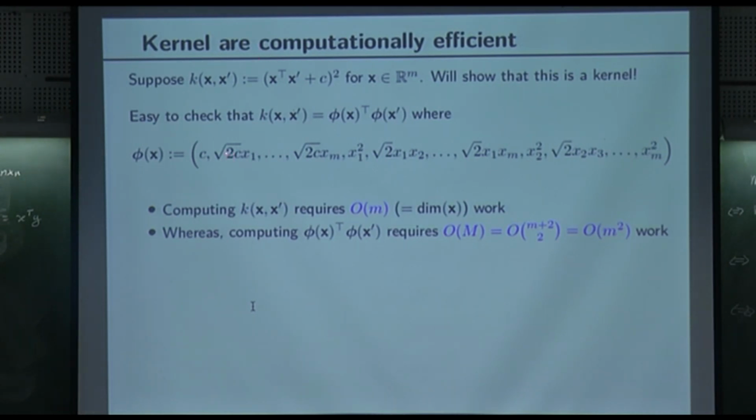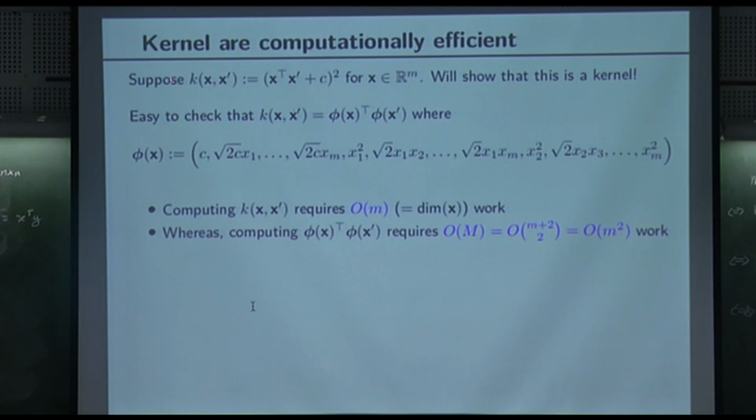So I put the square root 2c here, and square root 2c here. When you multiply them, you'll get 2c, and the corresponding x1 from this will multiply with x'1, x2 will multiply by x'2, and that will give you the linear term. In order to get the term that is coming from this squared, you'll have to take square root of 2 x1 x2, all the product terms all the way up through xm squared.